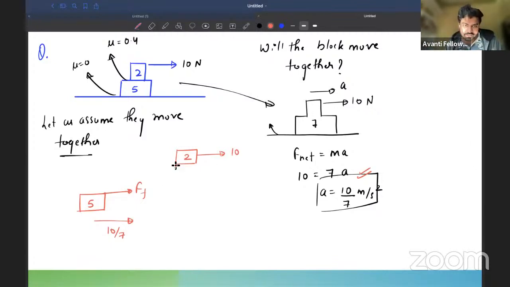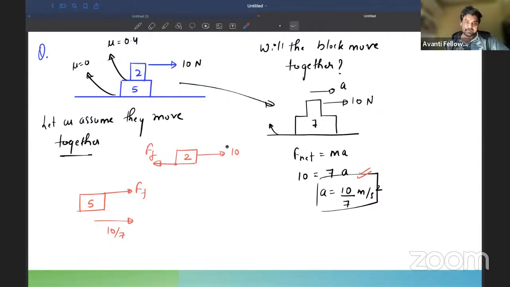So इस पर पीछे लगेगा, same FF, मतलब ध्यान से सुनना, ये वाला ब्लॉक इसको आगे खींचेगा FF से, और ये इसको पीछे धकेलेगा FF से। Again, this block will pull this block by FF, and 5 kg block will push this block backside by FF. Okay, so ये फंडा है, this is a simple funda.